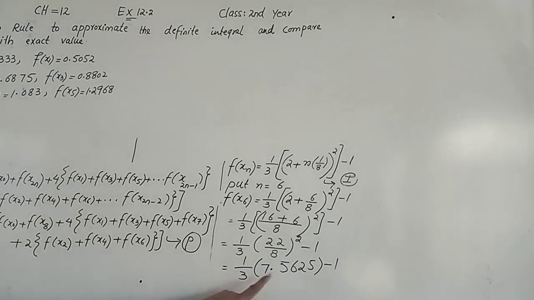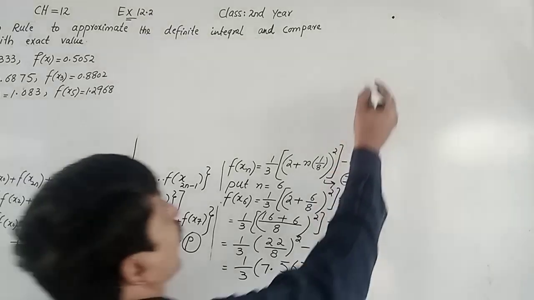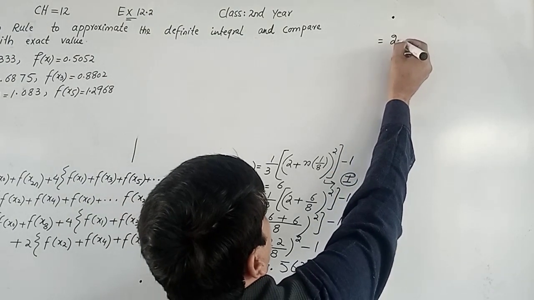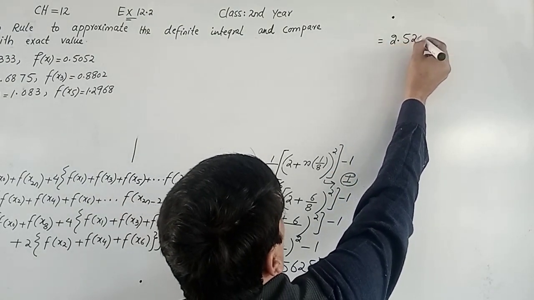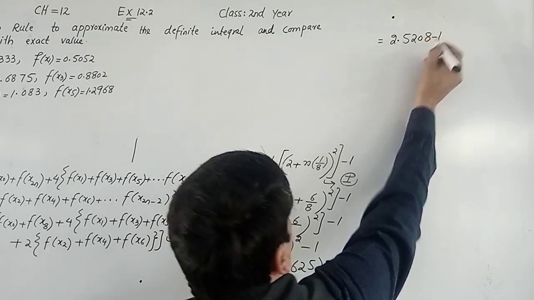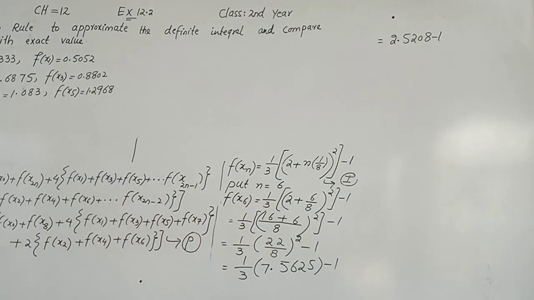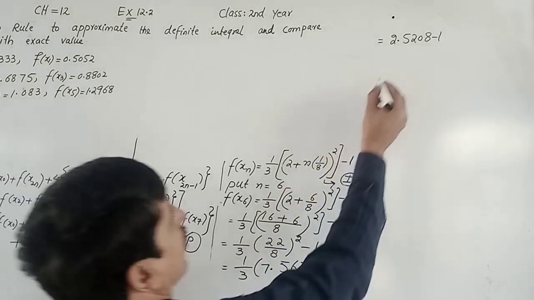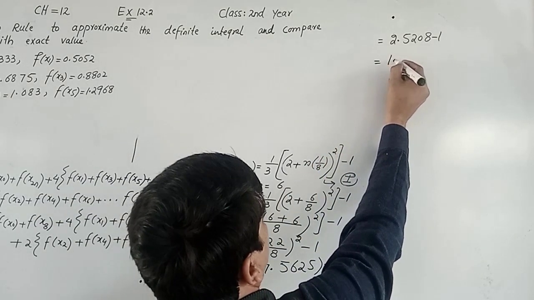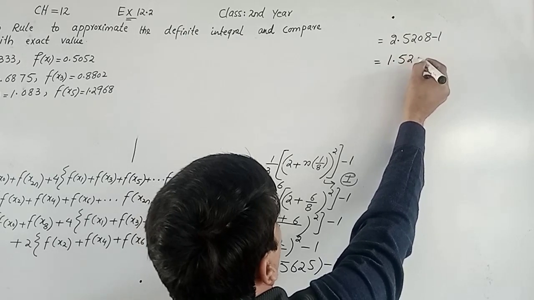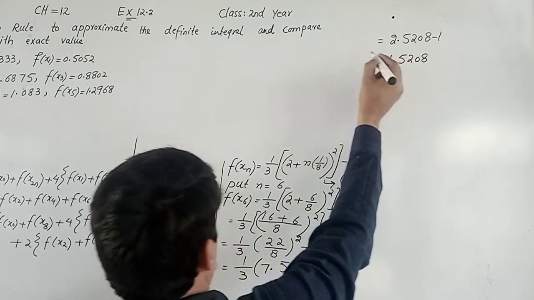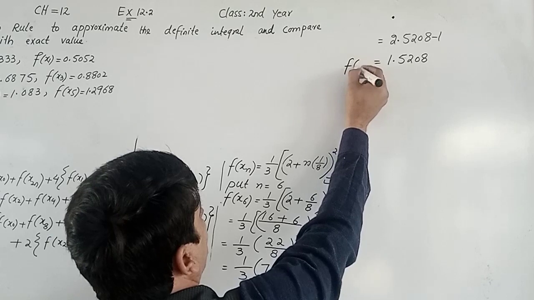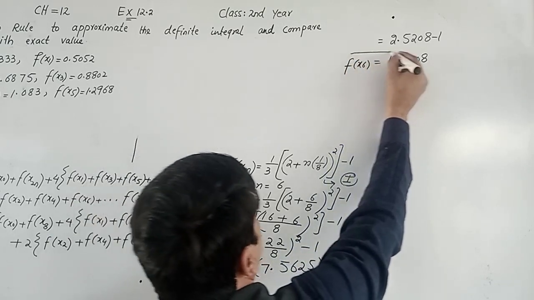Divide this by 3 and we get 2.5208 minus 1, which gives 1.5208, and this is the value of f of x6.